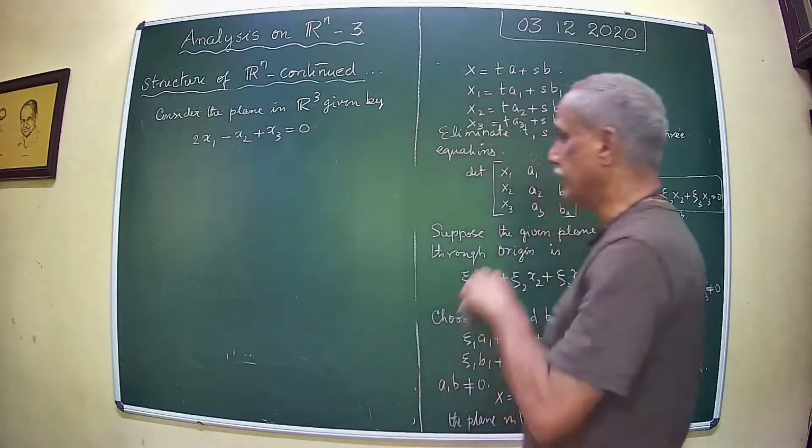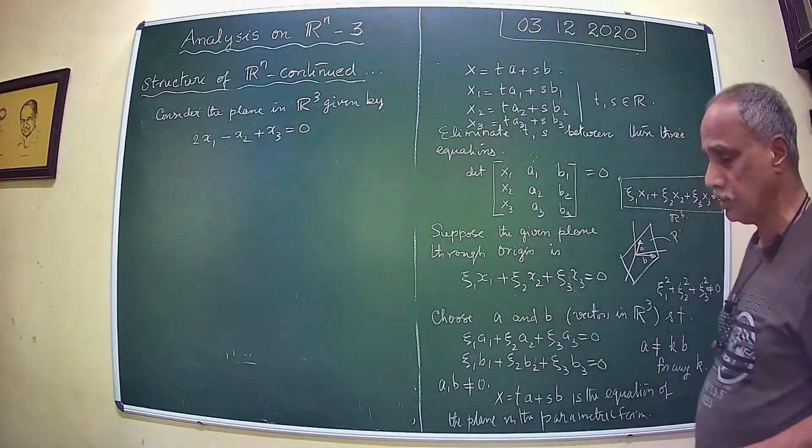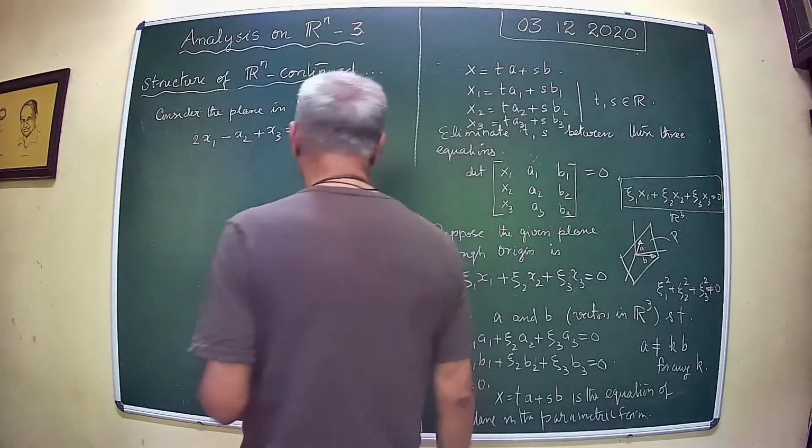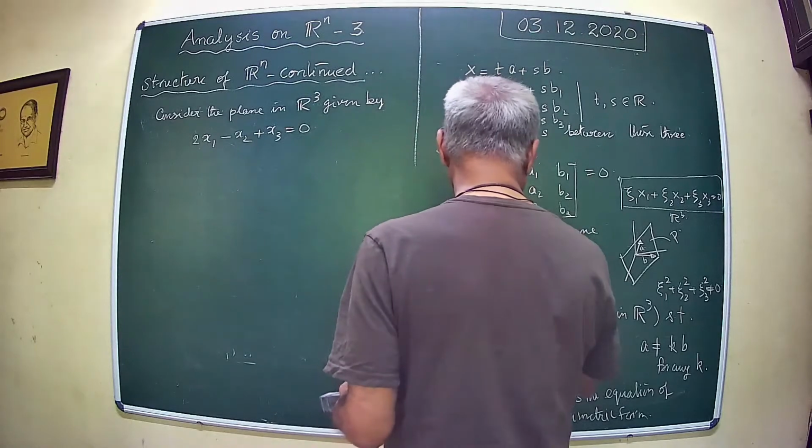Here psi1 is equal to 2, psi2 equal to -1, psi3 equal to 1. Now what you have to do? You have to choose A and B.